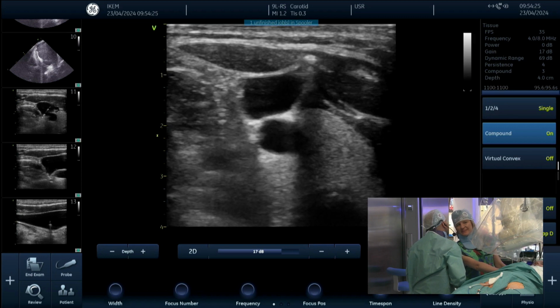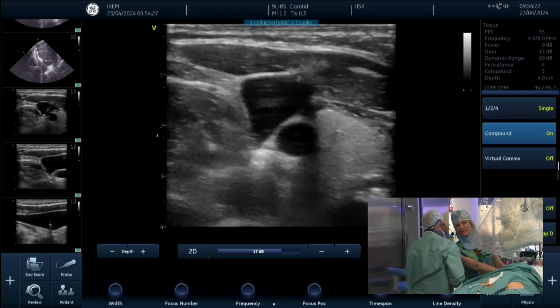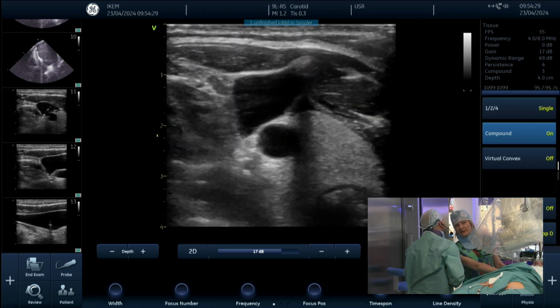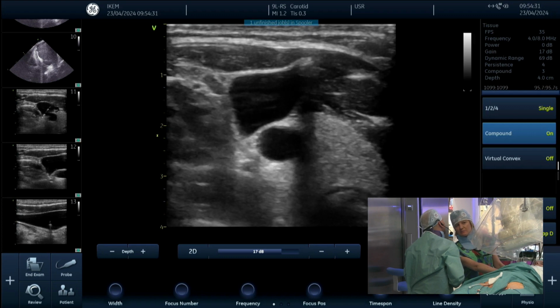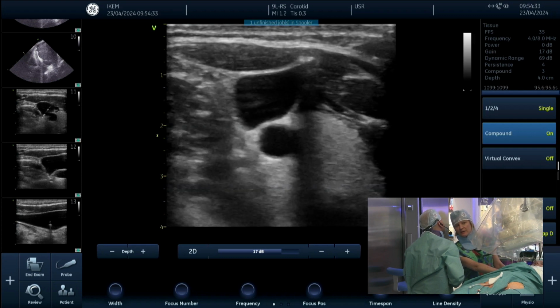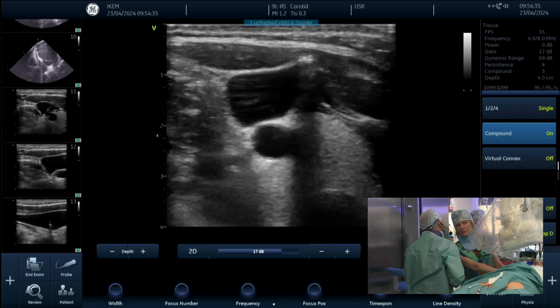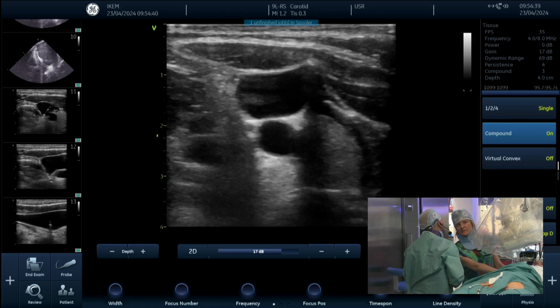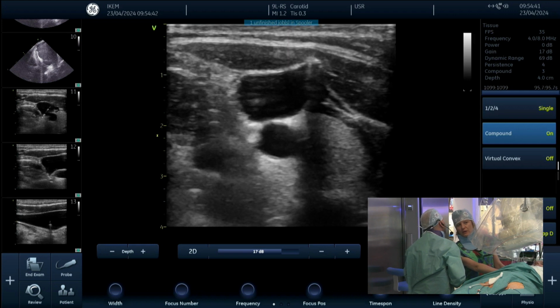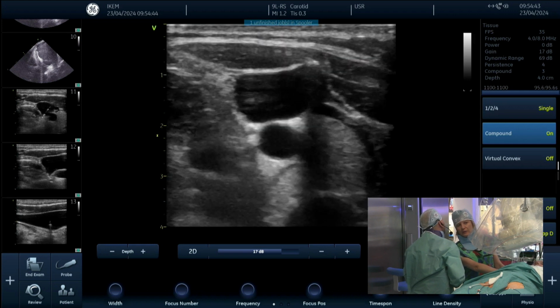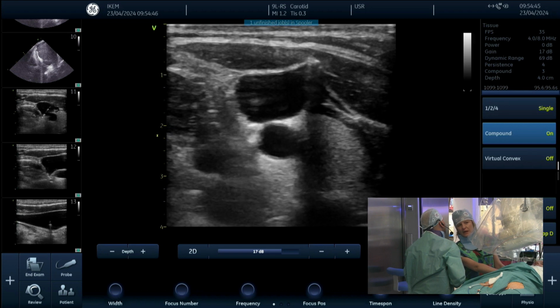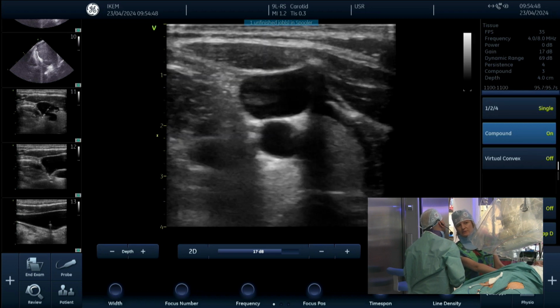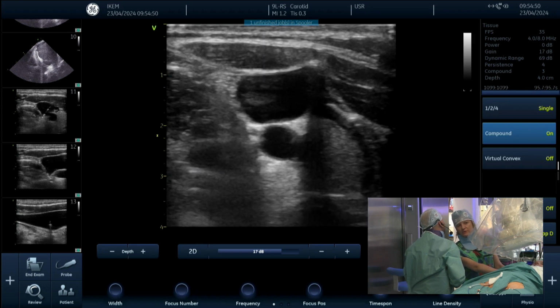As you can see, the cervical tract of the vagus nerve is in the carotid sheath. It is between the internal jugular vein and common carotid artery. This is a small oval structure that is hypoechoic inside and hyperechoic peripherally, and it is very important to distinguish it from the small vessel.